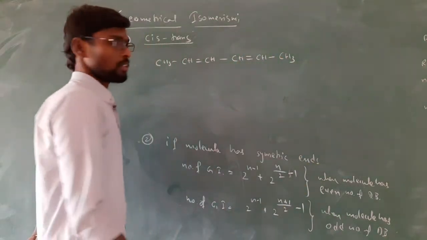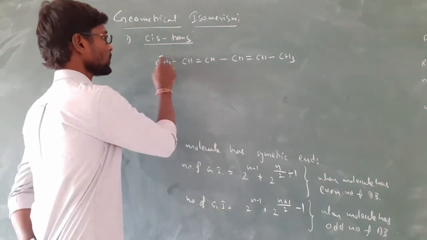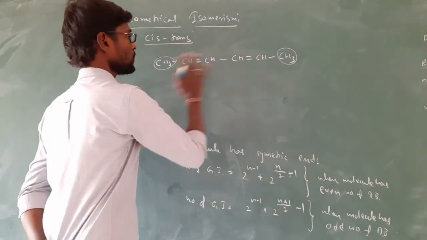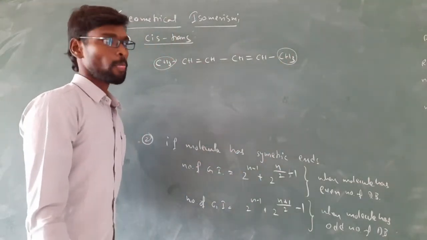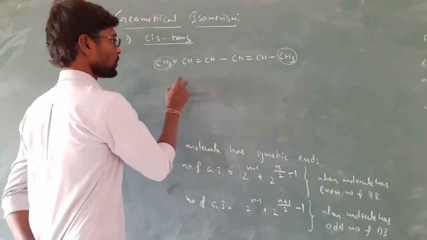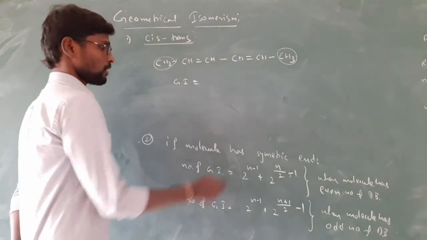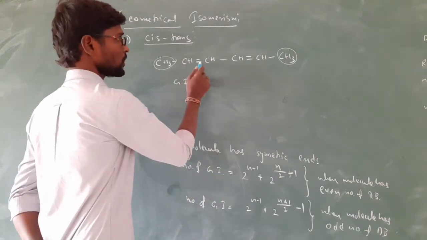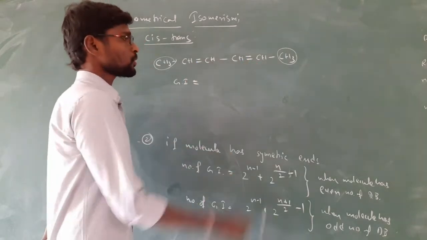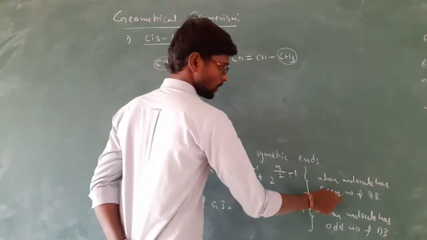Now this is a symmetric molecule, because CH3 is here and CH3 is there also, so it has symmetric ends. Now we will apply the formula. Check the double bonds: one double bond is here, one more double bond is here, so 2 double bonds are there in this molecule.